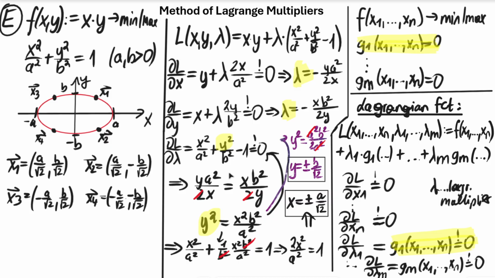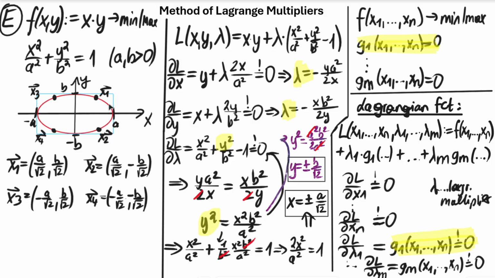So now we have found 4 candidate points for the minimum and maximum of the functions, which are illustrated here. From the problem setup, it's clear that since we are restricting ourselves to a closed curve, the ellipse, there must be at least one maximum and one minimum.